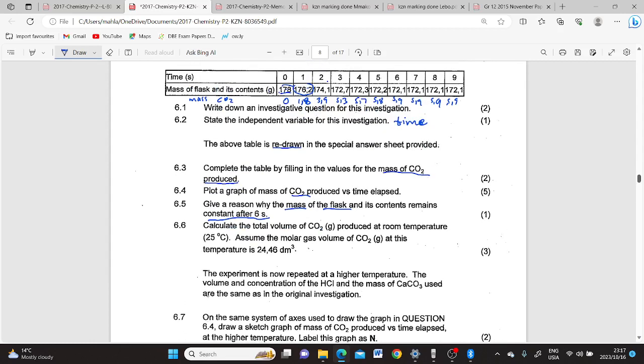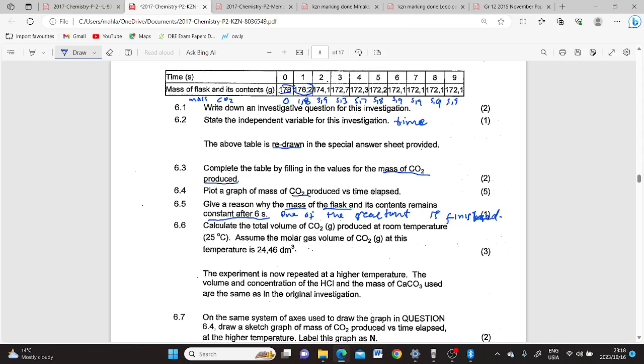So the HCl was in excess, so it means the other one, which is the calcium carbonate, was the limiting reagent. So that simply means one of the reactants is finished. It means the reaction is completed. So there will be no production of carbon dioxide.